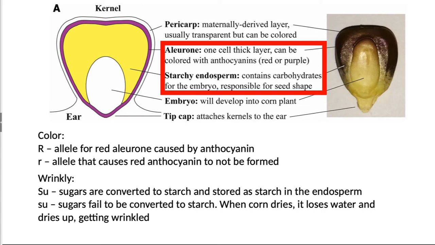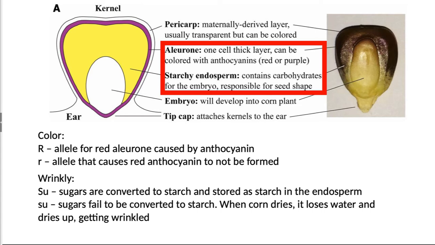And so as a result, the little r allele causes the kernels to be yellow. Simply the lack of red color makes it look yellow. Now, we said that this is a dominant trait. So the big R allele causes the production of anthocyanins.